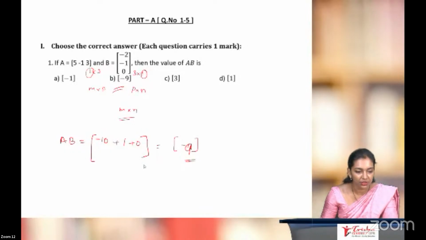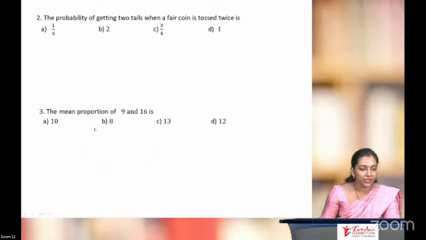Next, second question. The probability of getting two tails when a fair coin is tossed twice. So what is the sample space? What do you have to write? Sample space once again.